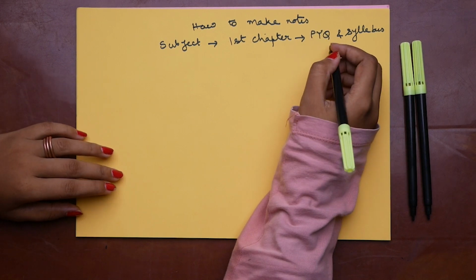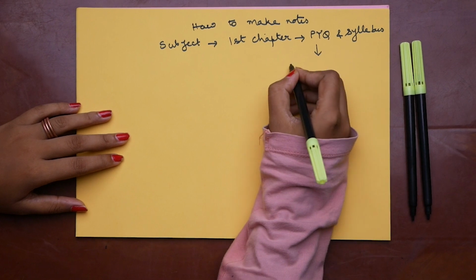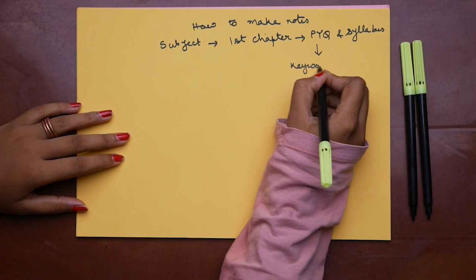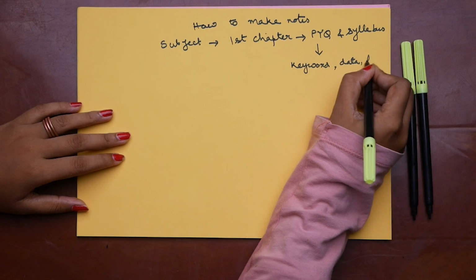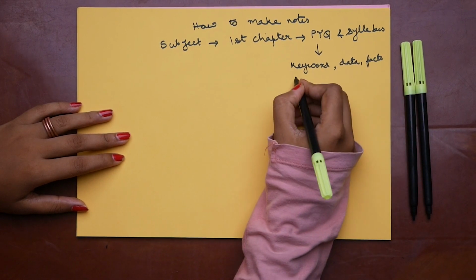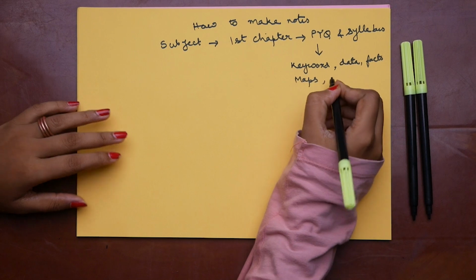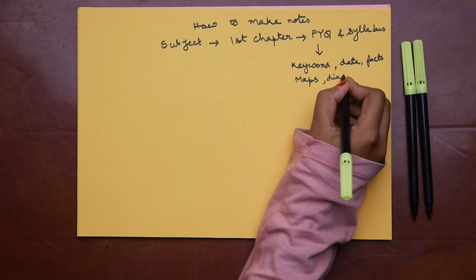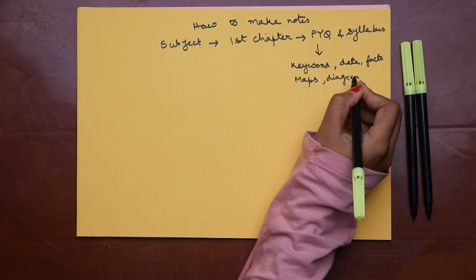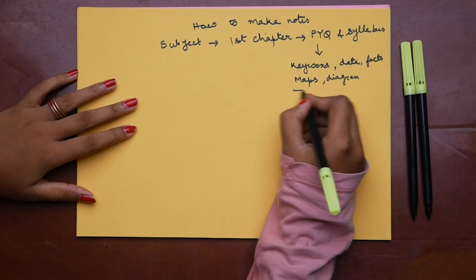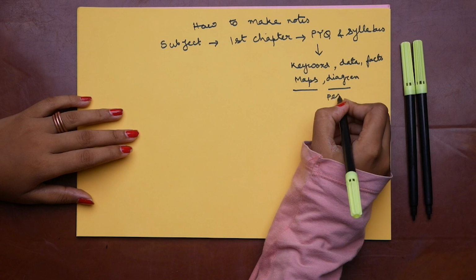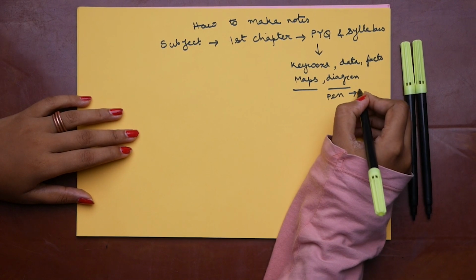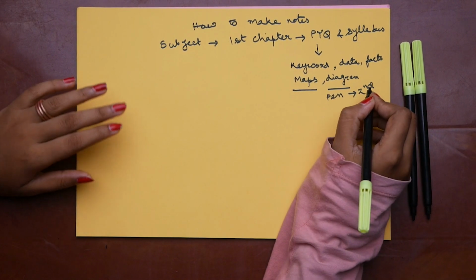Then try to find all the relevant keywords, any data, facts, maps or any diagrams, etc. and then underline those with a pen, and that should be done in your second reading.